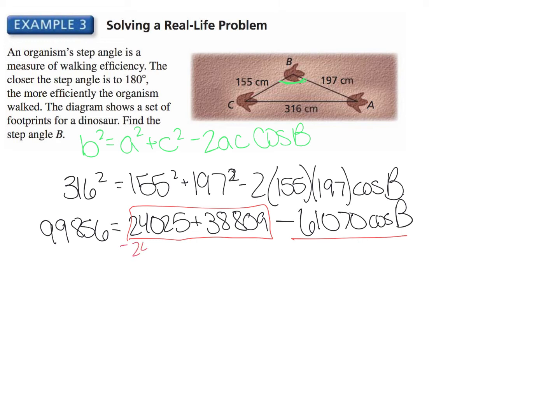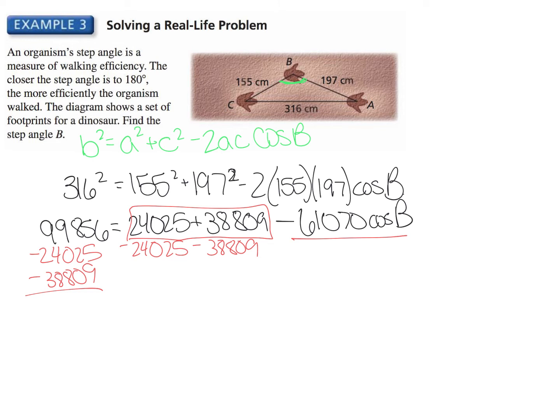So minus 24,025 minus 38,809. When you subtract that, you will get, once again, I need to plug this in, 99,856 minus those.